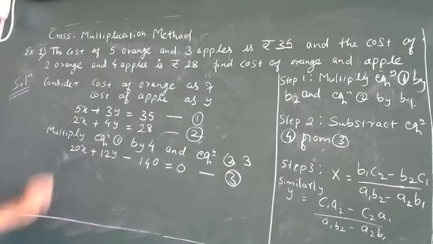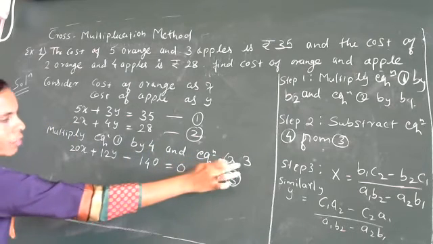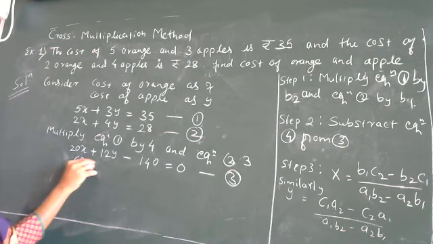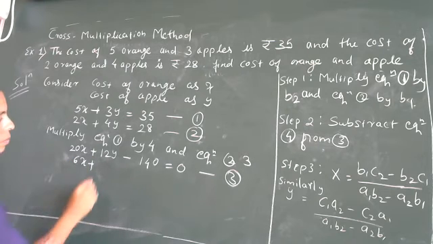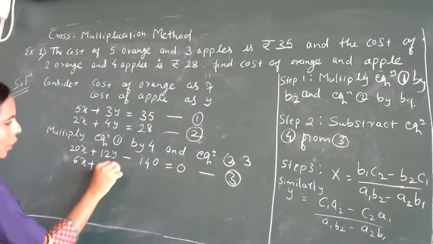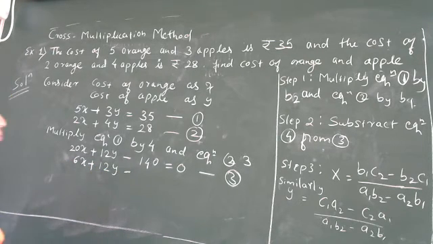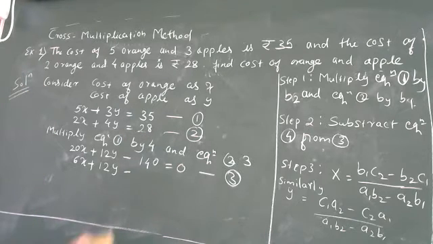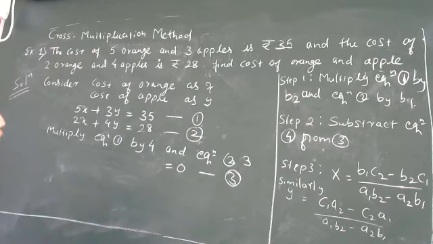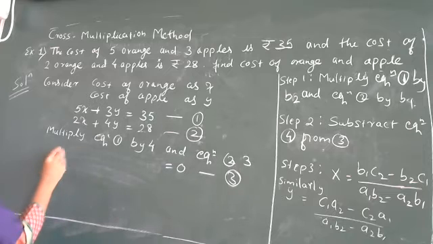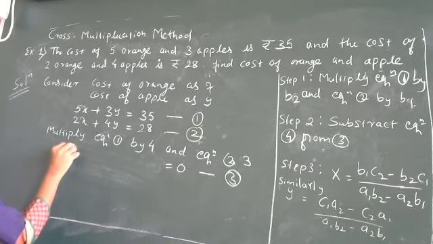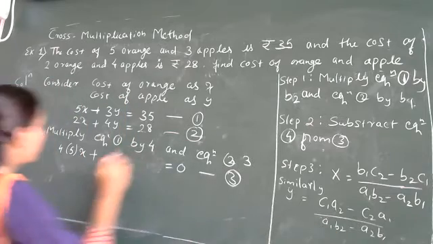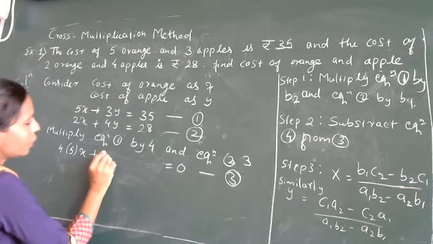Now take the next one. Multiply the second equation with 3. So 3 into 2x is 6x plus 3 into 4y is 12y minus. See here, one more thing. We will write as it is because we want to use those values here. We will write 4 into 5x because we want to use them for these examples. So it is better to write in split form.